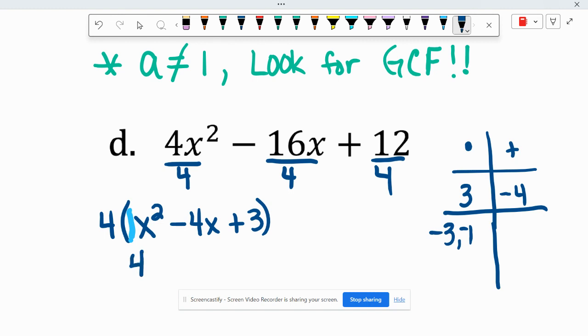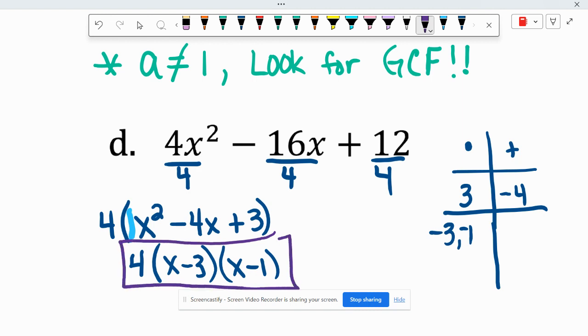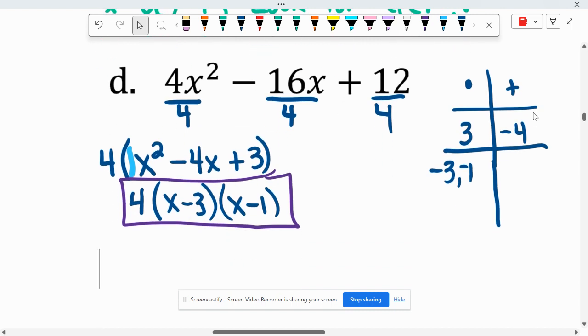So 4 times, because we can't forget that 4, x minus 3 times x minus 1. We don't have to factor it by grouping because A is 1, remember that the factors that you choose are the ones that you use for your factor box. So that's what that becomes.